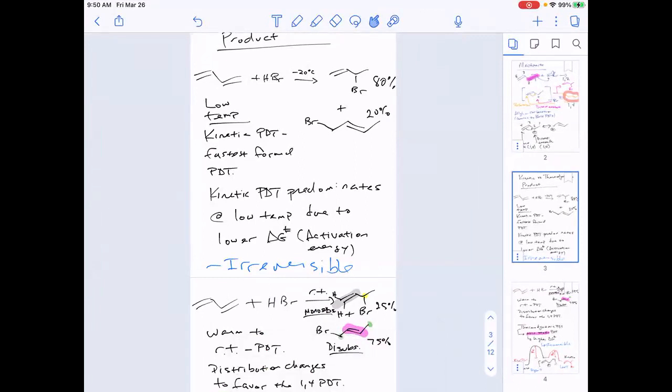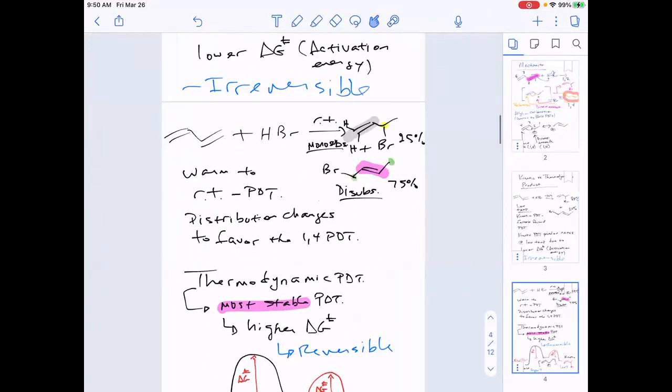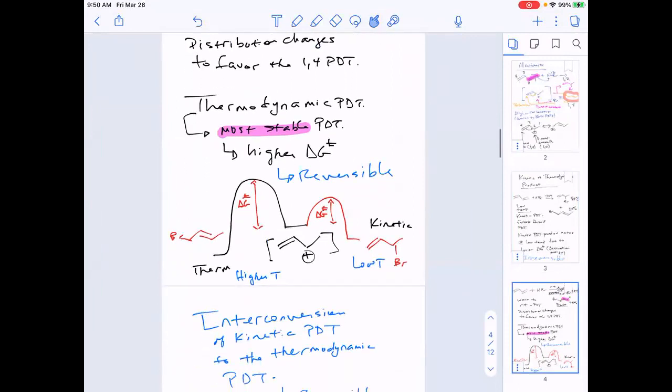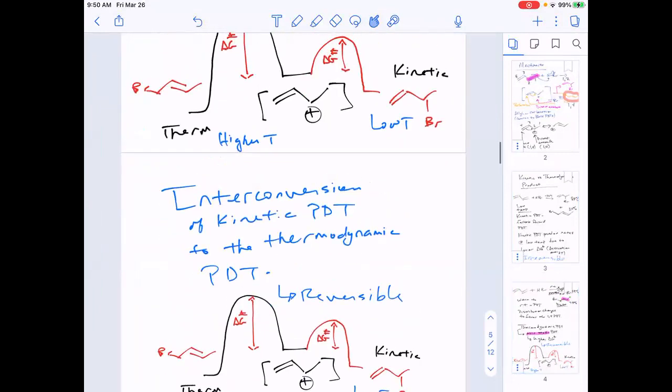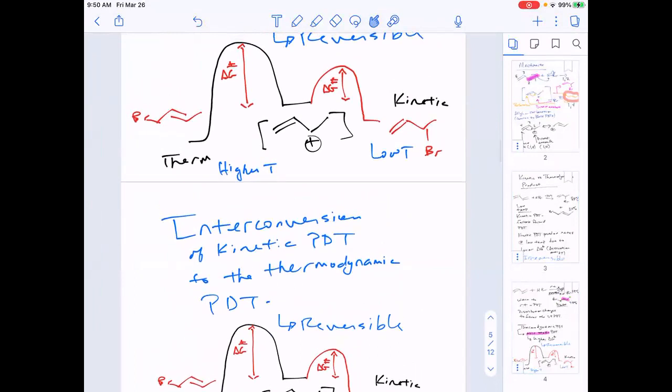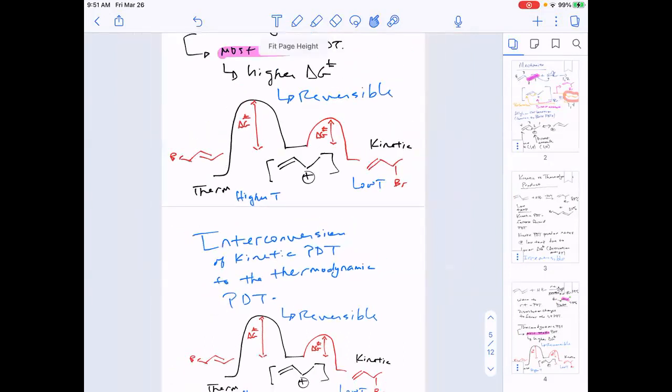And we also know that at higher temperatures you can convert the 1,2 product into the 1,4 product by going back to the intermediate, and then that intermediate reacting through the pathway that gives you the 1,4 product. All this is only possible when we increase the temperature and thereby the amount of energy that's available. Any questions about anything that we talked about?